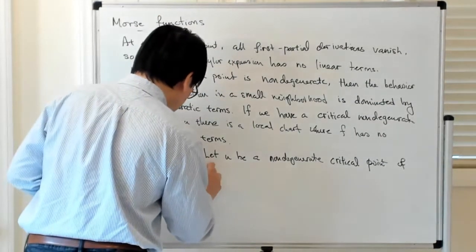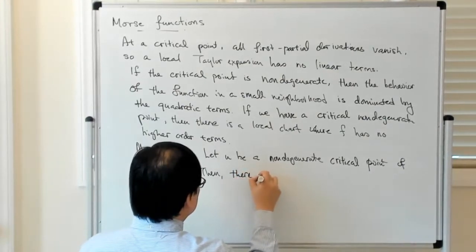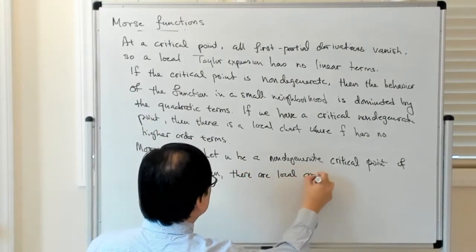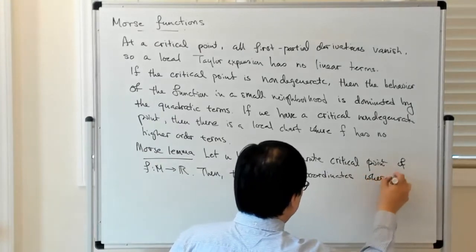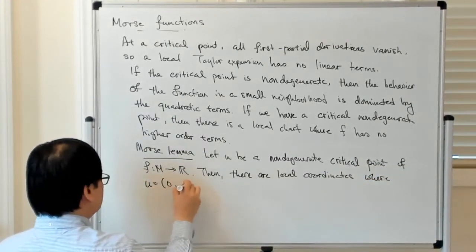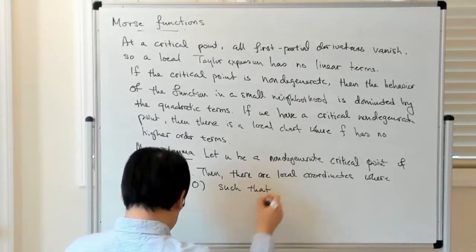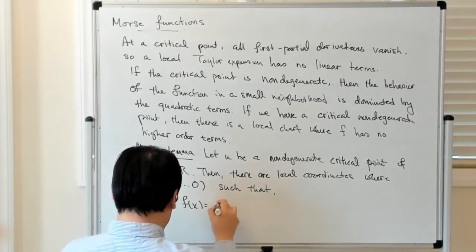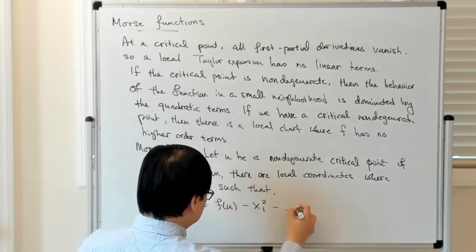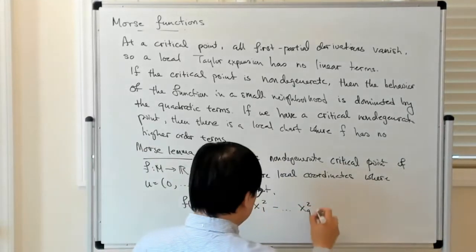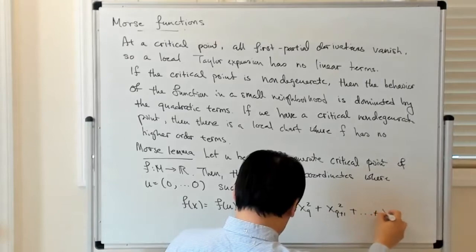Then there are local coordinates where u is at the origin, such that f of x is equal to f at u minus x1 squared, minus up to xq squared, plus xq plus 1 squared all the way up to xd squared.